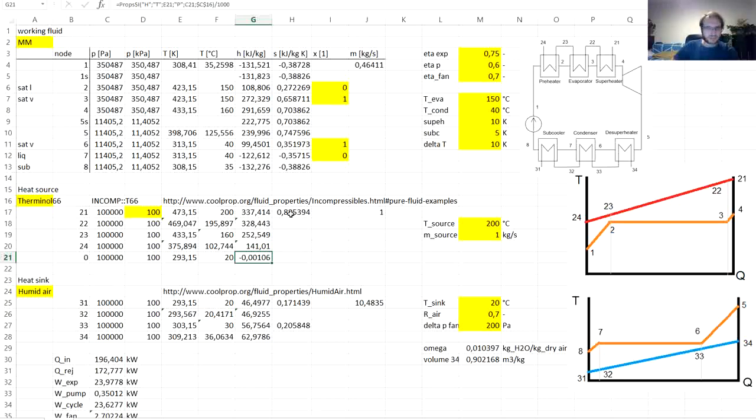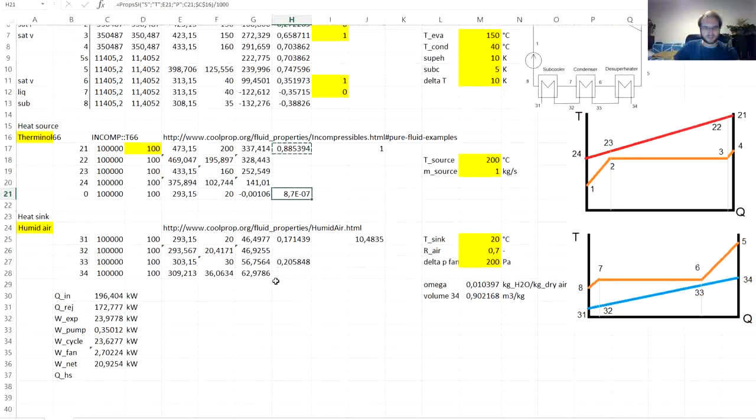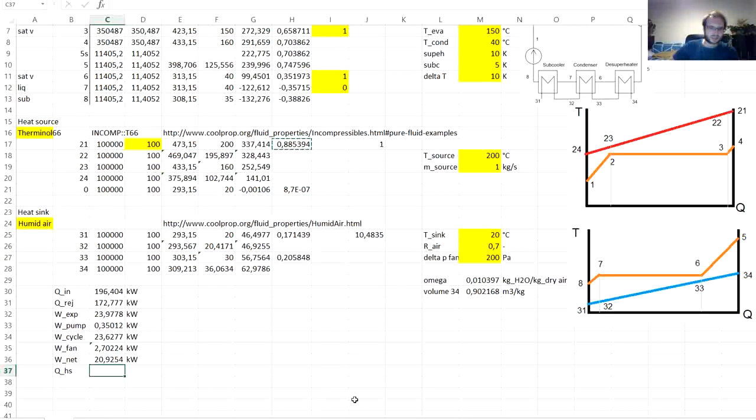And now just one last thing, which we will use in a short while. Let's also specify the entropy at this dead state, at the heat source at the ambient temperature. So now we can get this heat which we could theoretically extract from the heat source: mass flow rate of the heat source times the difference in enthalpies, heat source inlet and heat source in the dead state.